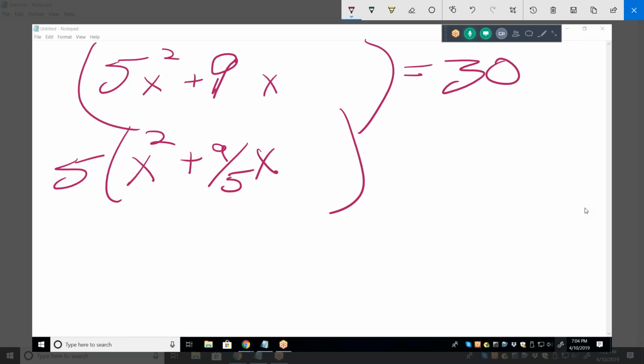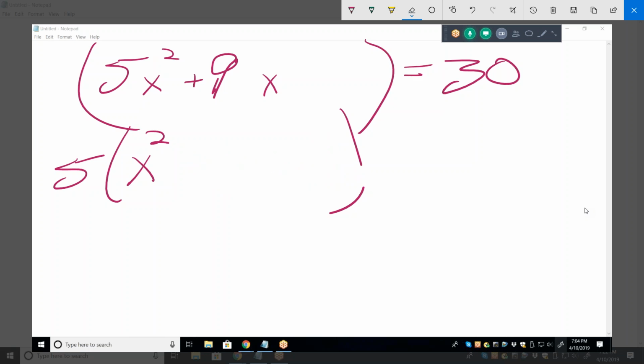Now, completing the square, I take half of the middle term, which is 9/10. I square it, which is 81/100. In other words, I can complete the square even if I have fractions. Doesn't matter. The problems they're giving you don't have fractions, but it's important to understand that.